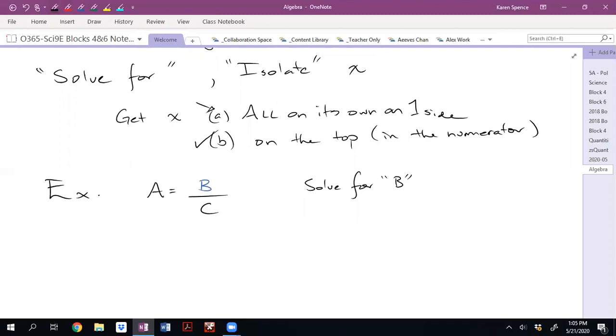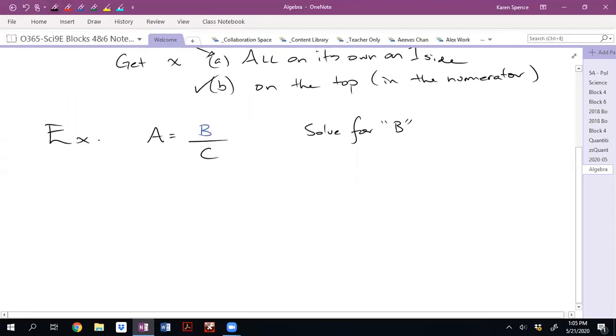So there are two methods of showing this. There is the cancel method, and this is probably what you've been taught in math class, although maybe not. So you would have A is equal to B over C, and in order to declutter the B, we're going to multiply by C, because if I have a C on the top and a C on the bottom, those two will cancel. But whatever I do to one side, I always have to do to the other side.